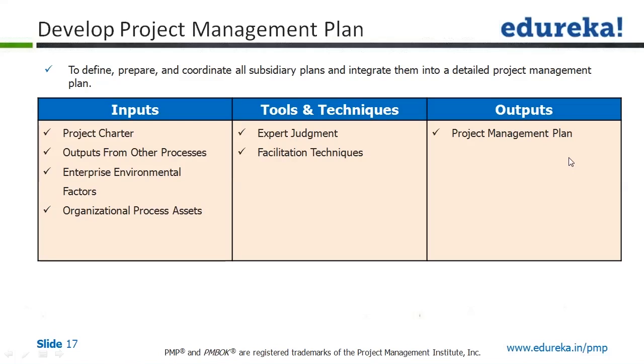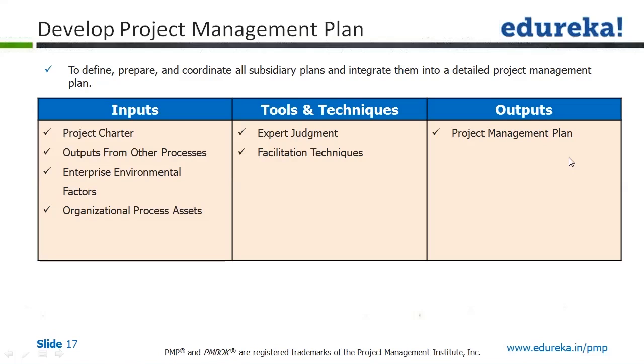And why I am giving an emphasis on the various inputs and outputs is to give you a fair understanding, so that once you know various inputs and outputs, it will be easy for you to correlate why that process is needed and what that process is all about. And you may be given some questions to check whether you know the various inputs and outputs of the different processes.